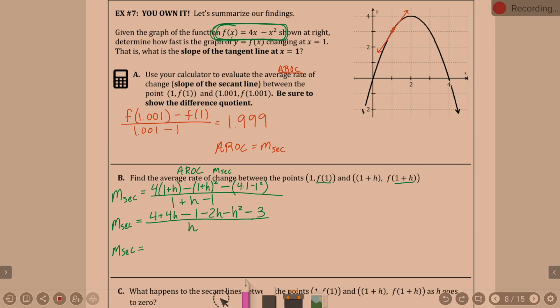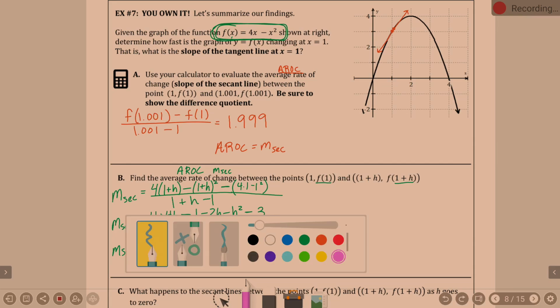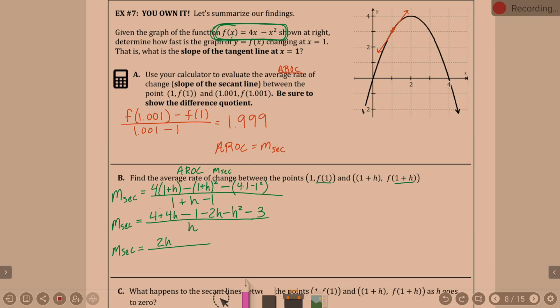What do you see happening? 4h minus 2h is going to be 2h. And what's happening with 4 minus 1 minus 3? 4 minus 1 is 3, minus another 3. Those just cancel each other out. So we end up with 2h minus h squared all over h.